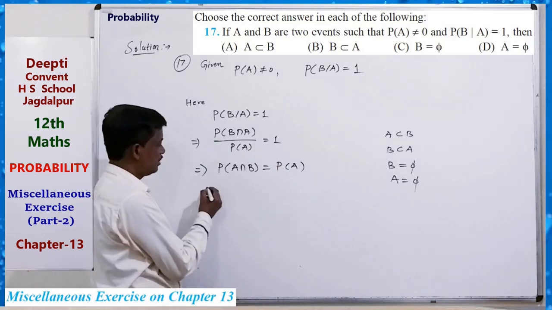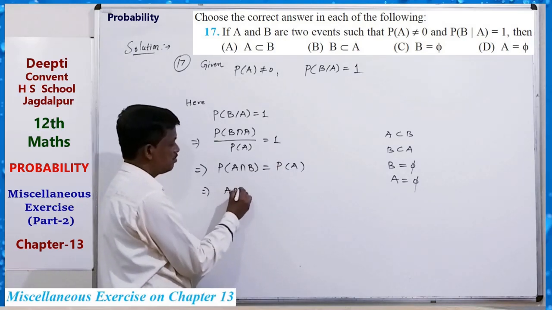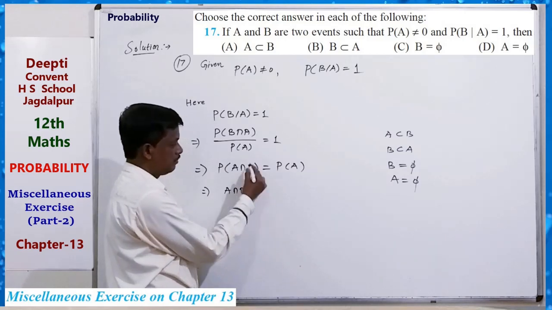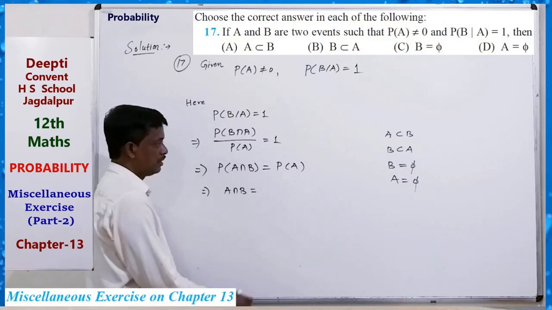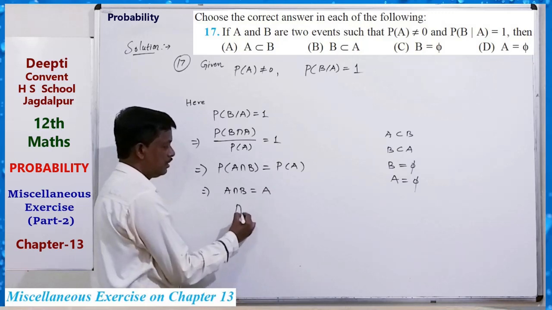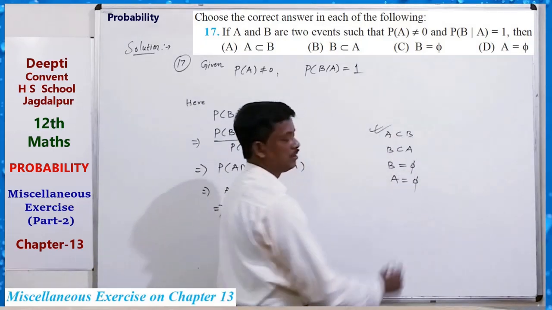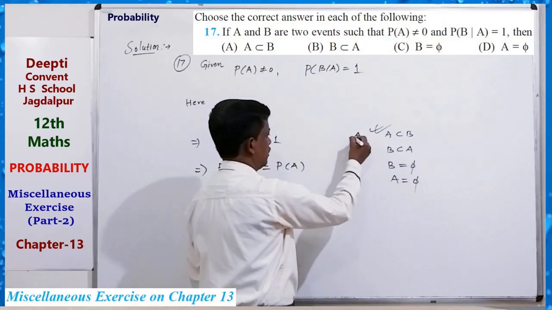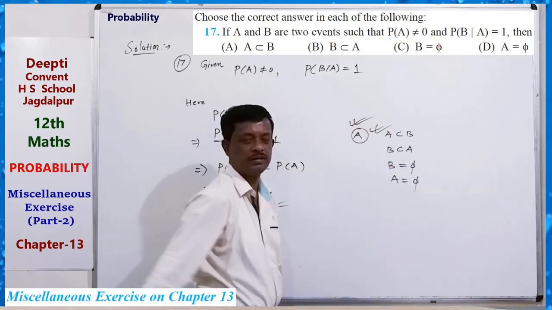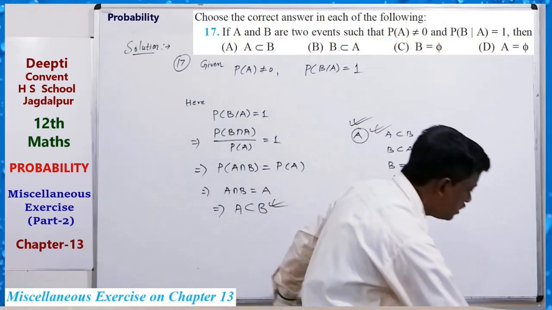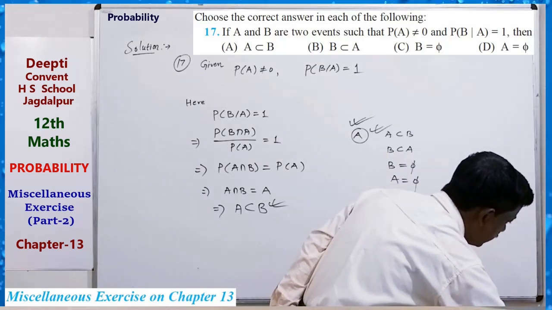That is, A intersection B is just A, so A is a subset of B. Option A is correct. So the correct answer is A.